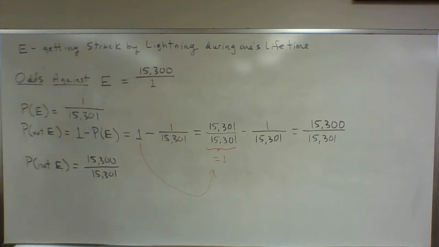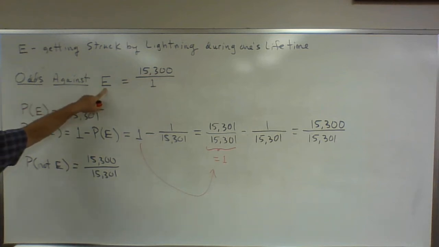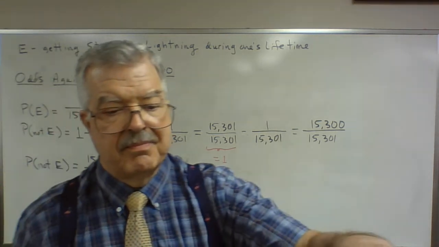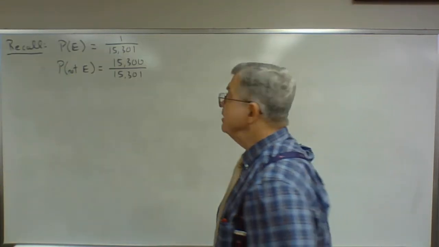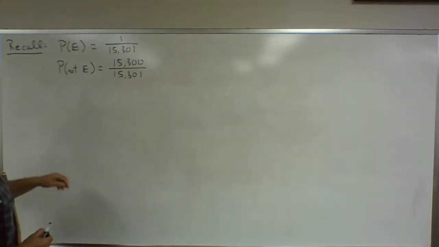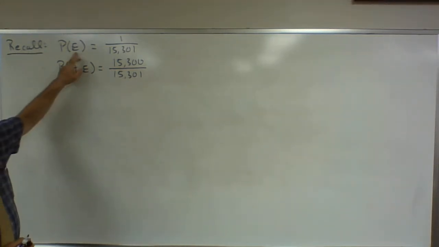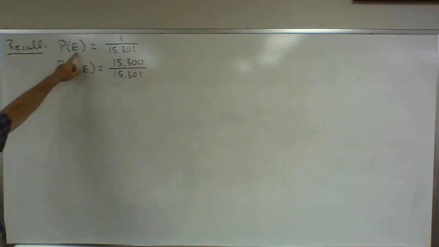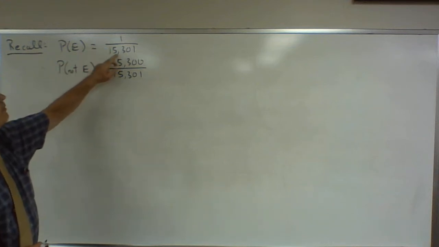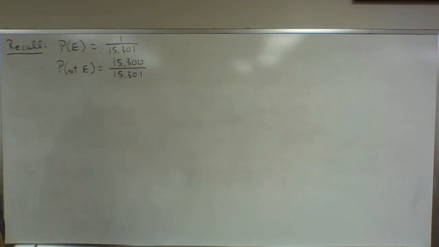Now, let's take these two figures and calculate the odds against getting struck by lightning. Okay? Just a reminder, E is the event that a person gets struck by lightning. The probability that a person gets struck by lightning is 1 over 15,301.